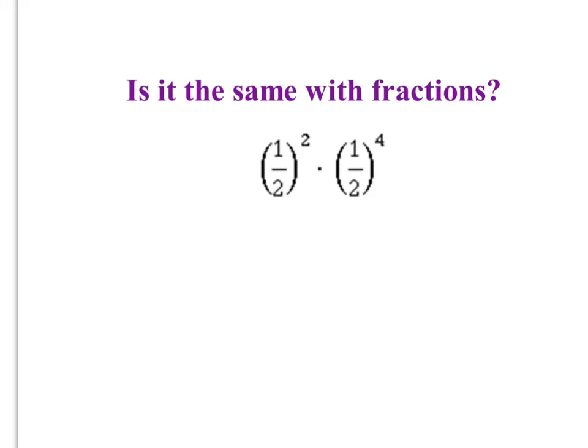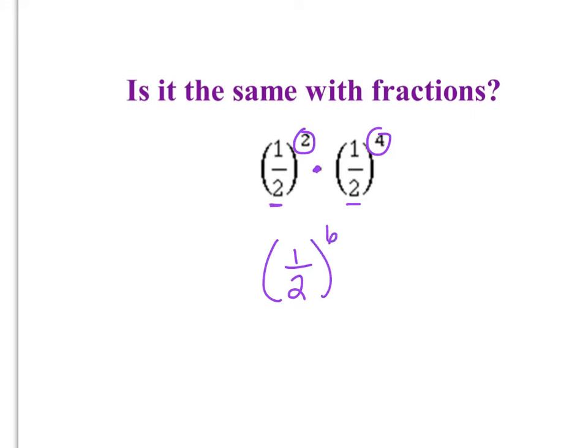Is this the same with fractions? Absolutely. Just because it's a fraction, a negative, whatever, doesn't mean it changes. I still have the same base, 1/2. I'm multiplying with the same base, so I just have to add my exponents, 2 and 4. So this becomes 1/2 to the sixth power.